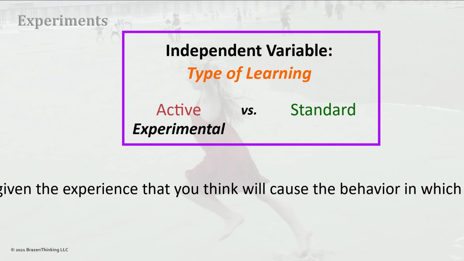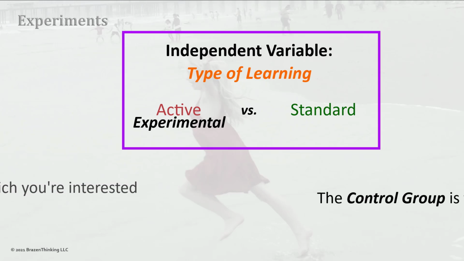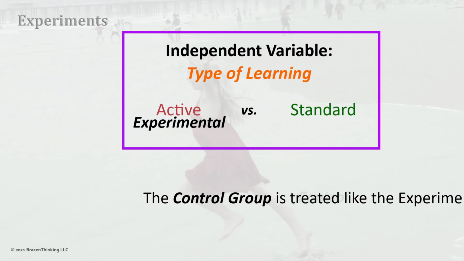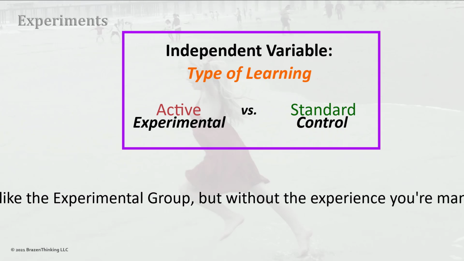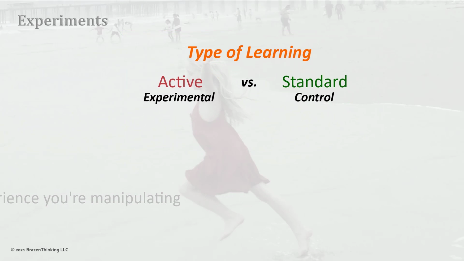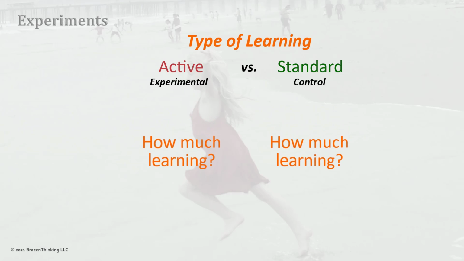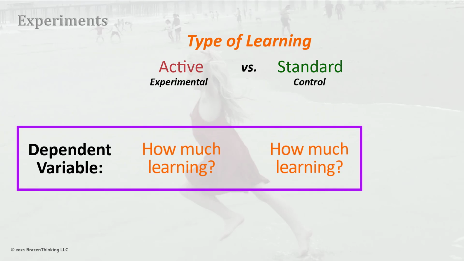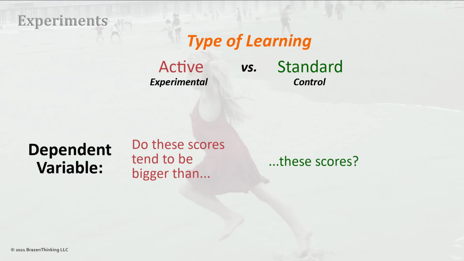And you'd probably say your experimental group would be asked to do some kind of active learning exercise, and your control group would be treated the same way, but they wouldn't be asked to do active learning. You want to find out whether the effect of behavior differs across those two groups, whether the dependent variable is related to the independent variable.